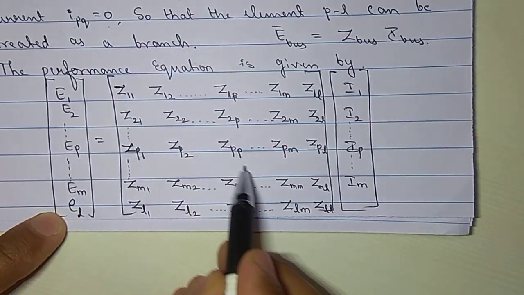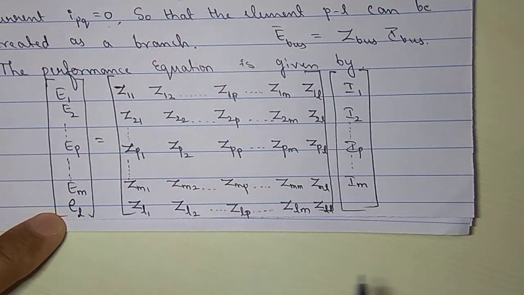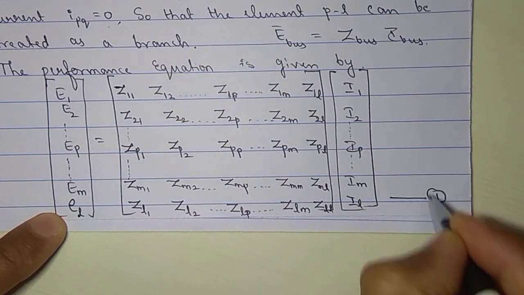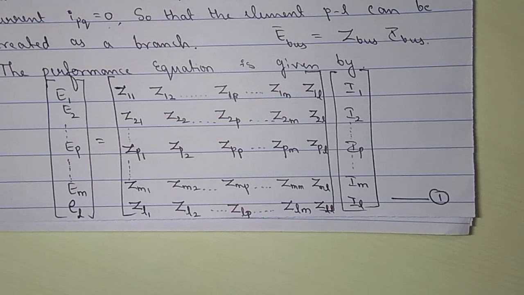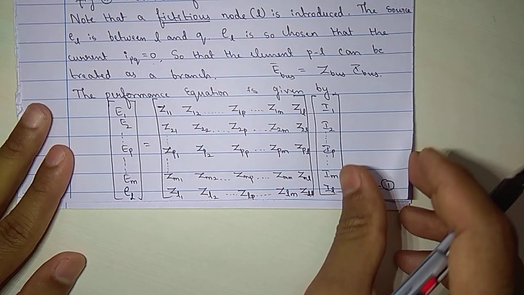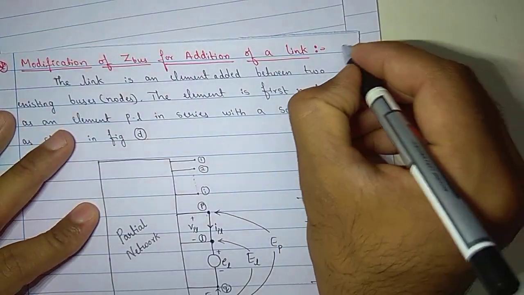These are the diagonal elements, these are the upper triangular elements and lower triangular elements, and here the current is IL. I'll name this as equation number 1. Observe this equation number 1 carefully, because often I'll be using this equation number 1. Is that okay?